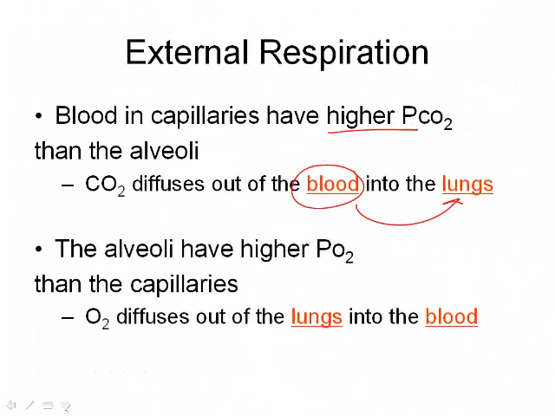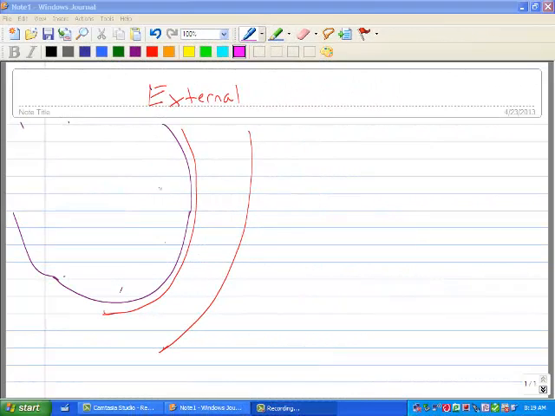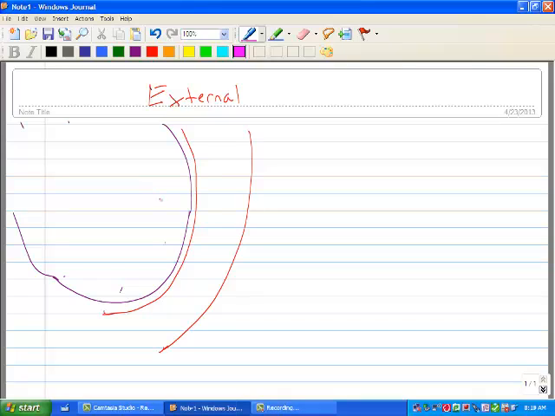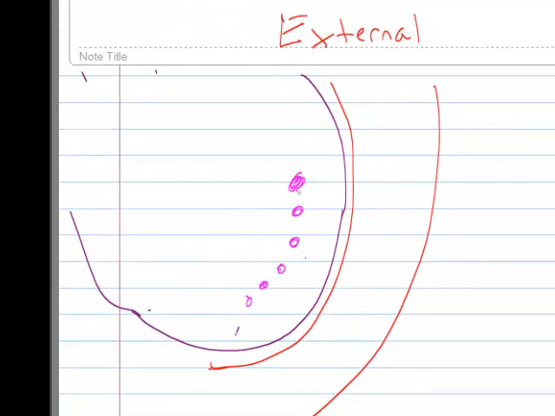If the alveoli have higher O2 than the capillaries, the O2 is going to be diffusing into the blood, and so that's basically after we inhale. All right, so when we breathe in, we're breathing in a lot of oxygen. So we'll say these are our oxygen molecules. And since in our blood we've already transported the oxygen to our cells, there's not much oxygen left in our blood in comparison to what's in our lungs.